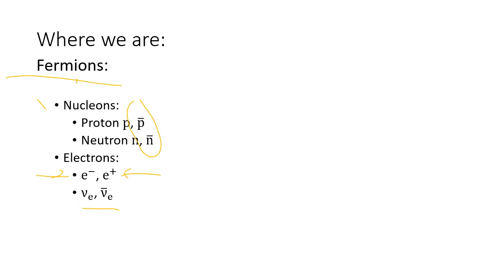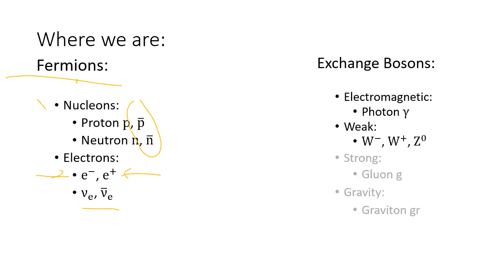So those are fermions, and then the other grouping that we have is the exchange bosons, the things that as virtual particles mediate the various interactions or forces that are responsible for the behaviour of nature.